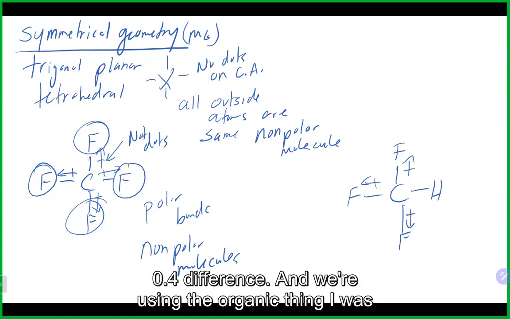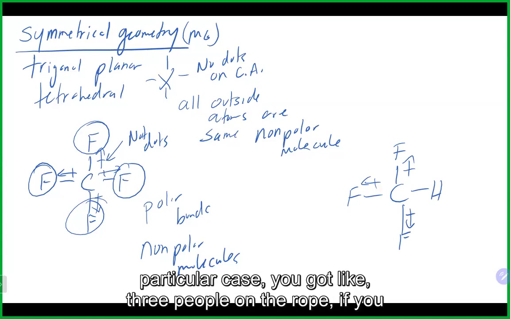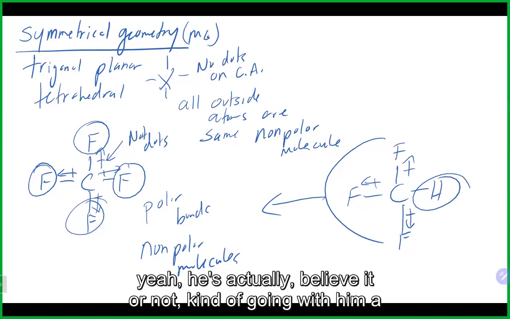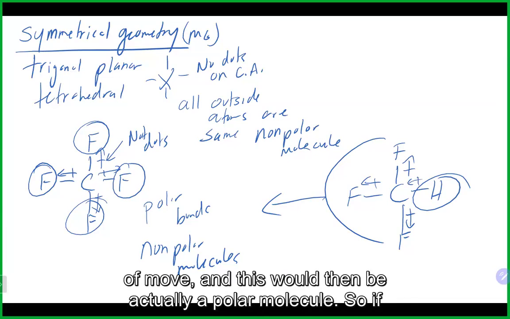Remember, that's that 0.4 difference, and we're using the organic thing I was talking about earlier. It's actually nonpolar. In this particular case, you've got like 3 people on the rope, if you want to think about it, pulling, and this guy not pulling anyway. Yeah, he's actually, believe it or not, kind of going with them a little bit. So you could imagine that that whole thing would kind of move, and this would then actually be a polar molecule.